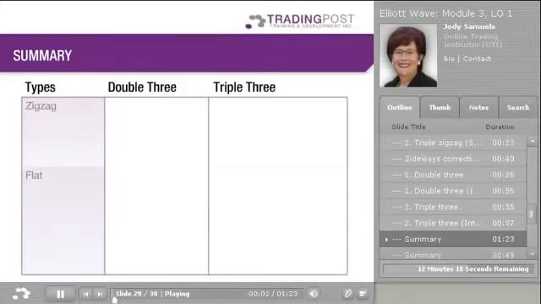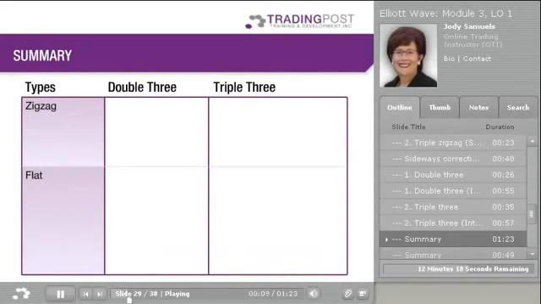This is a summary of the zigzag double and triple threes and flat double and triple threes. A triangle can never begin a combination pattern. Only a zigzag and a flat can. Possible zigzag double three combinations are zigzag-zigzag, zigzag-flat, and zigzag-triangle.